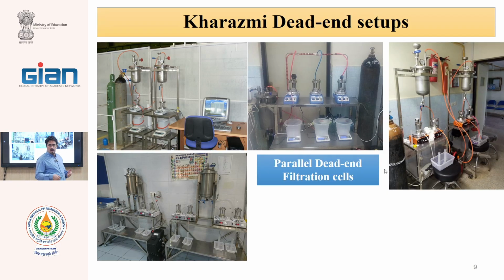Therefore, a lot of time is needed. For reducing the time, we test 4 membranes simultaneously to increase the efficiency of the group. Or in this case, you see, one student works with this, another with this, and they test the membranes.